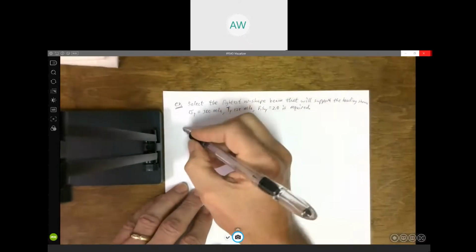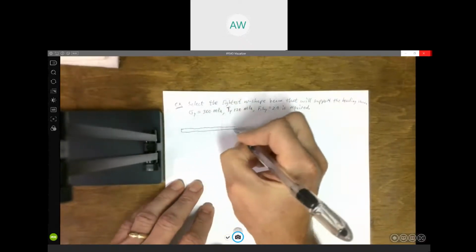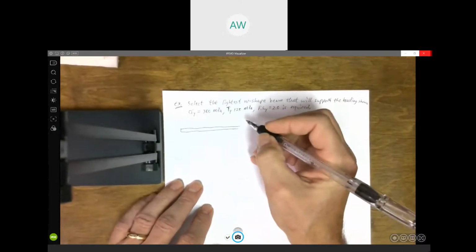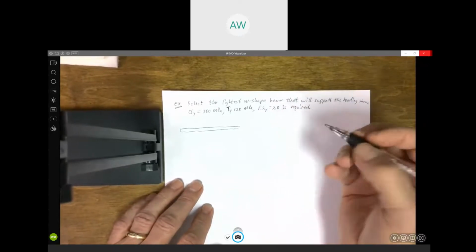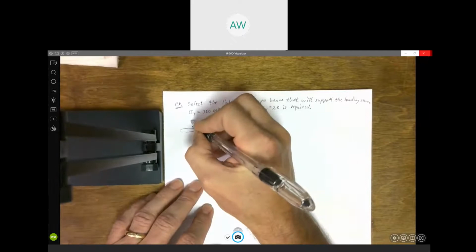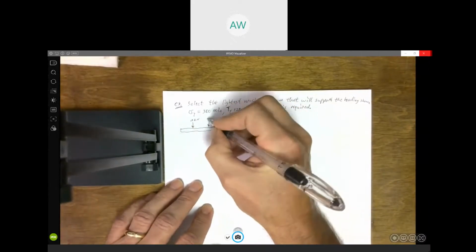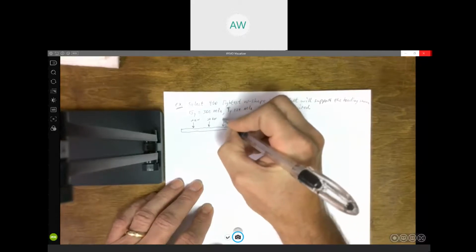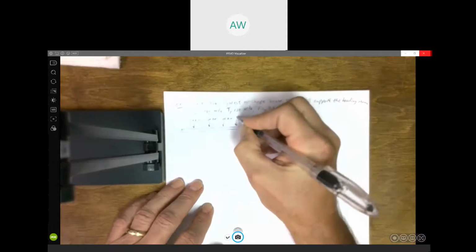And here's what my beam looks like. It's a total of 5 meters long. And we got a nice symmetric loading on here, like 10 kilonewtons, 20 kilonewtons, 20 kilonewtons, 10 kilonewtons.